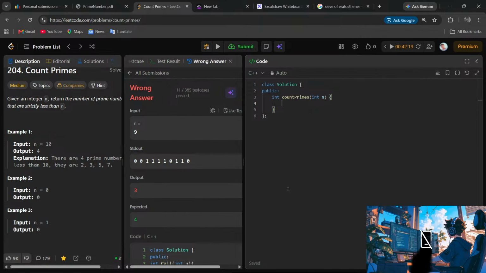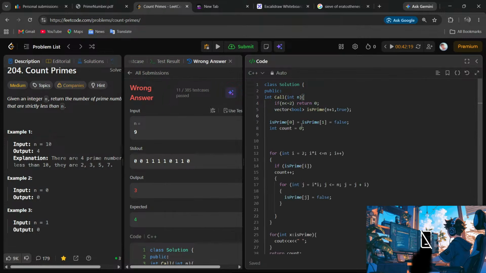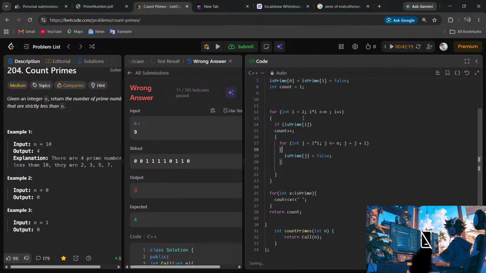If you see the previous solution, initially I put count equal to 1, and when I started from 3 here, what I have to do is multiply it with 2 to convert it into the odd.